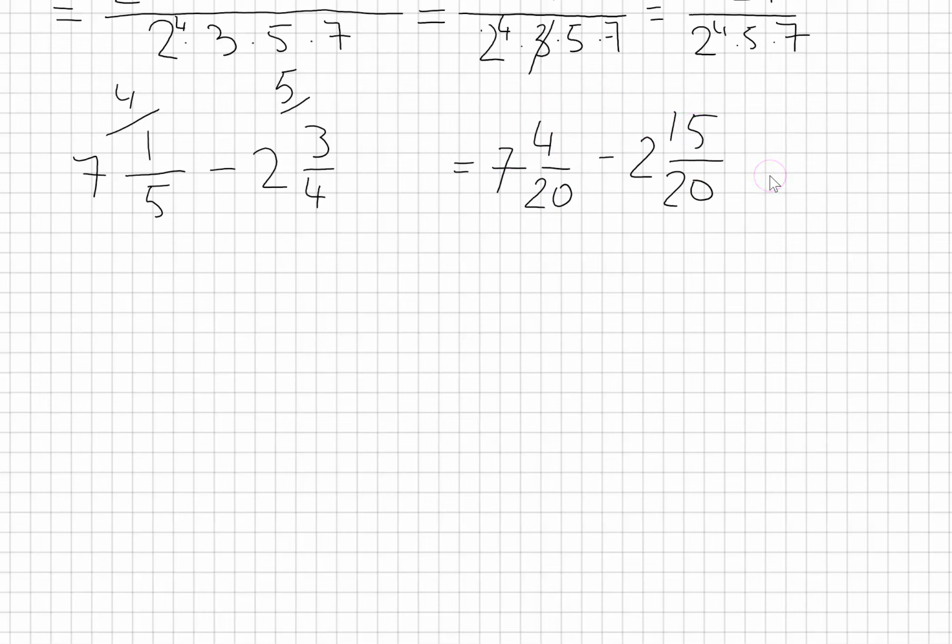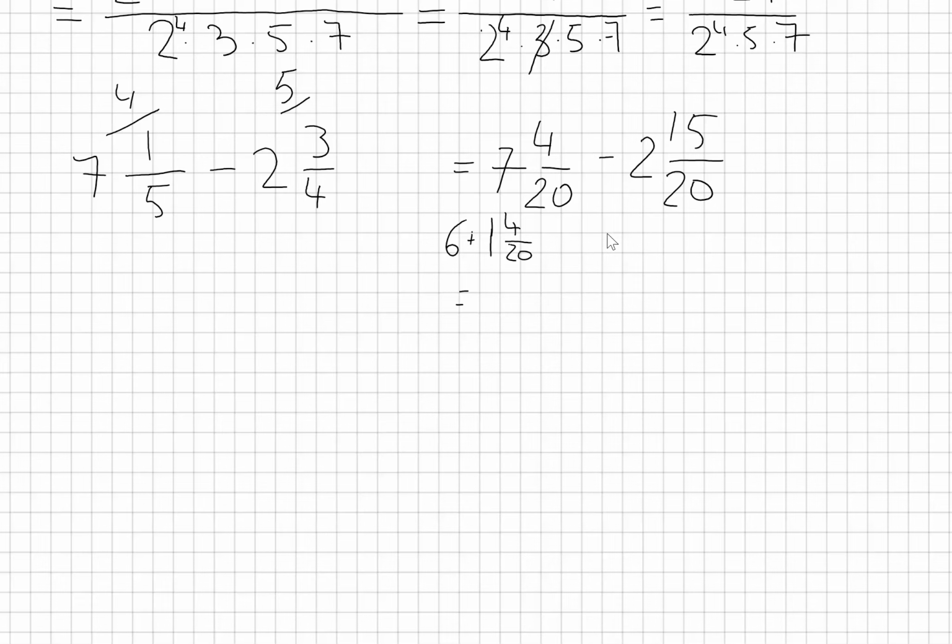Okay, let's continue from here. Because I cannot do this subtraction, I have to borrow. So I'm going to borrow 1 from here. That will make it 6, and 1 and 4 over 20. The 1 and 4 over 20, I'm going to turn into an improper fraction.